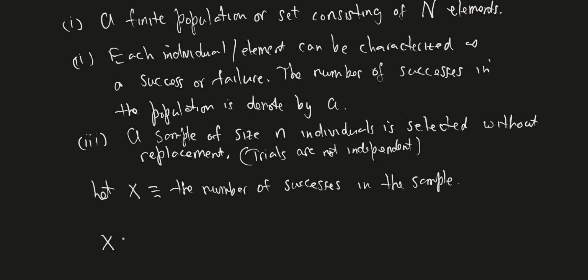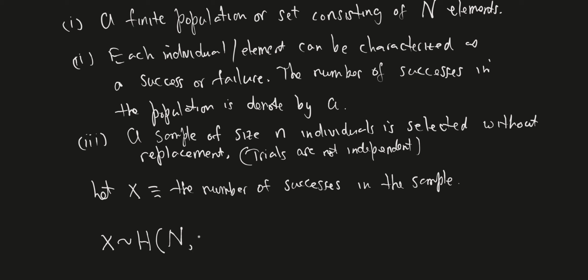Again, we're going to use x to represent the number of successes in our sample, and the tilde symbol just means that this random variable follows a distribution, and now we're going to use H for hypergeometric. This is how we will set it up. The big N will go first, your total population, the total number of elements in your sample space.